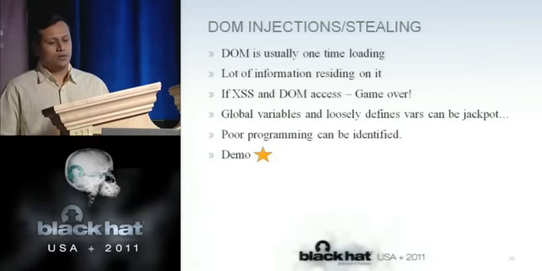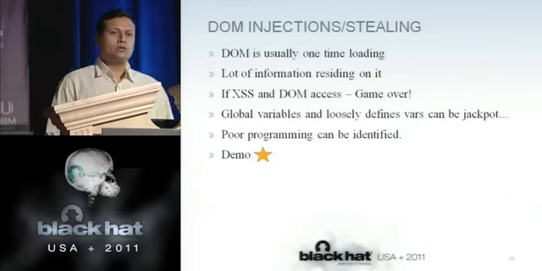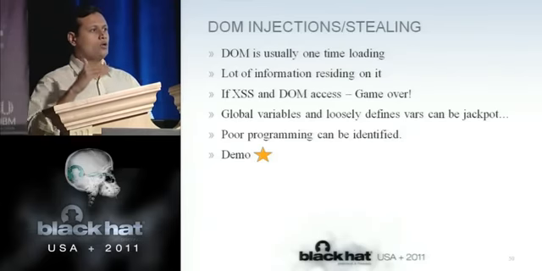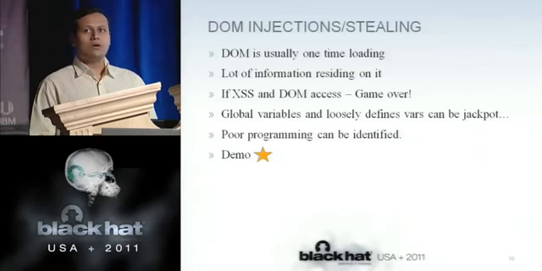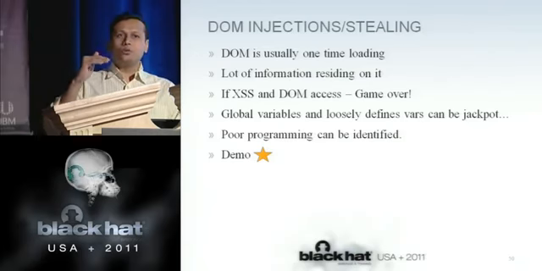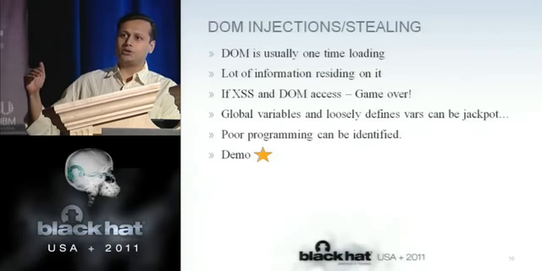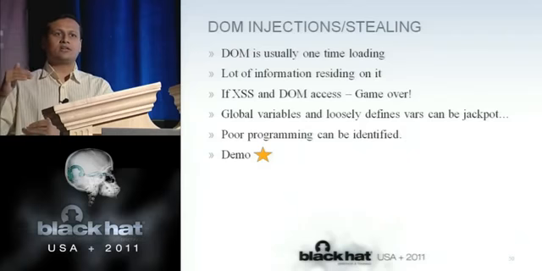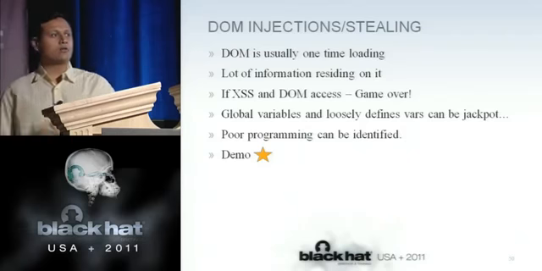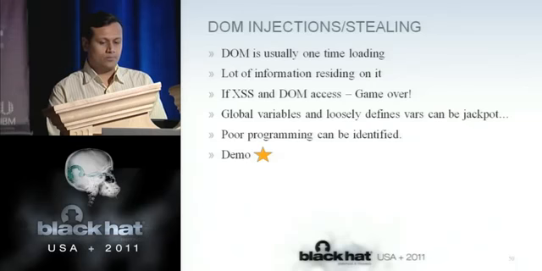Just look at Google or any Web 2.0 application and look at how many global variables are created in your browser. All these global variables are nothing but local storage. So pretty much if you have XSS, then someone can actually harvest all the global variables from your browser.